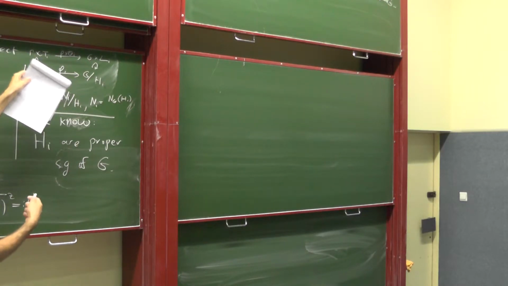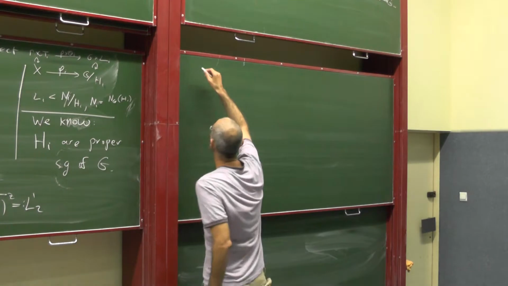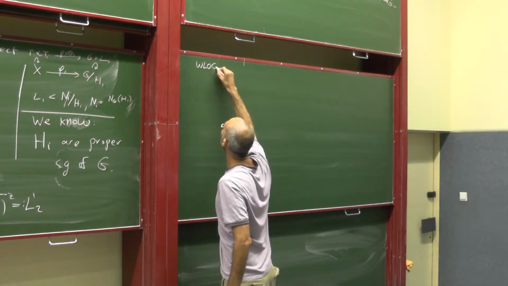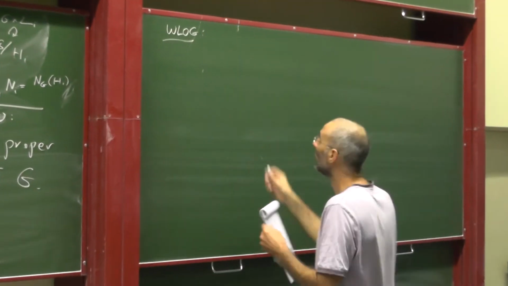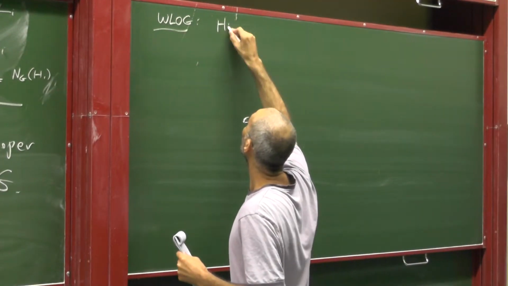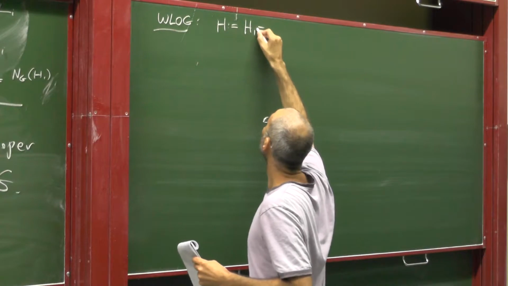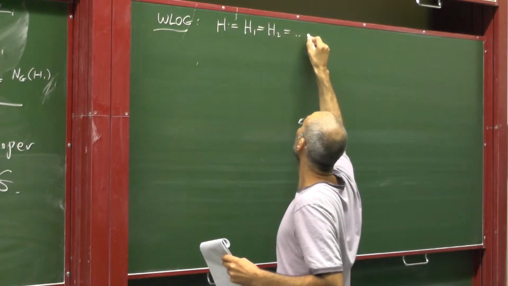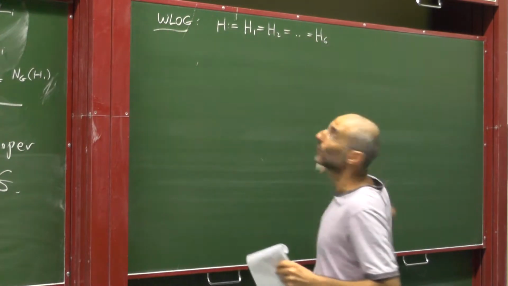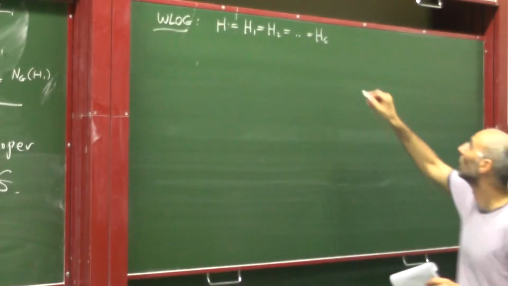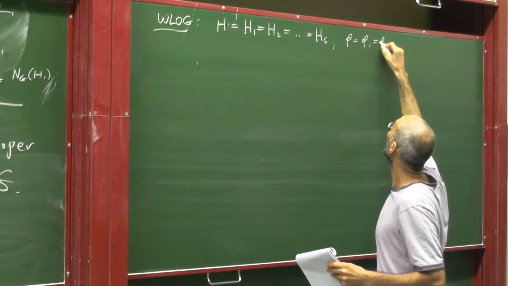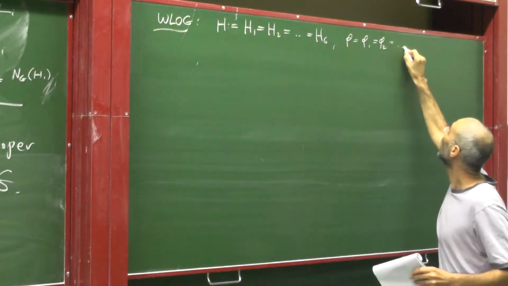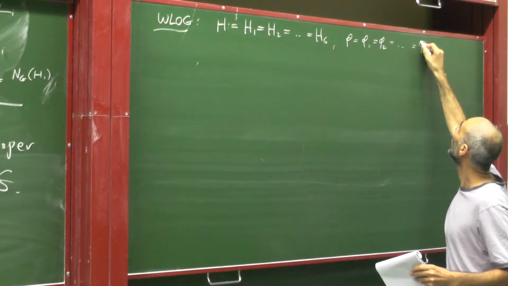We conjugate things so that, without loss of generality, when we made these choices, all the H's are the same. All the fields are the same.